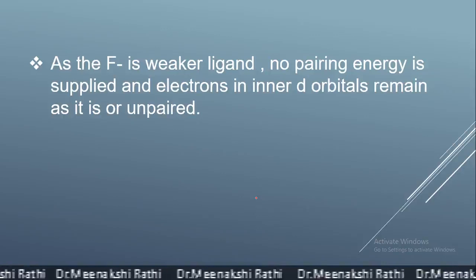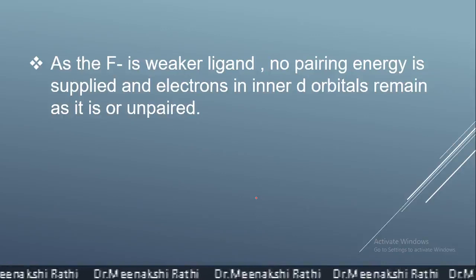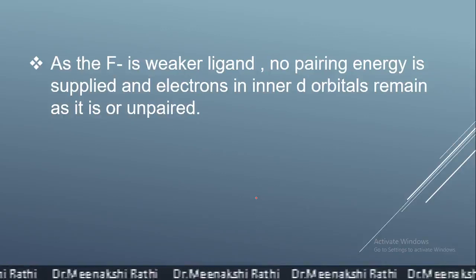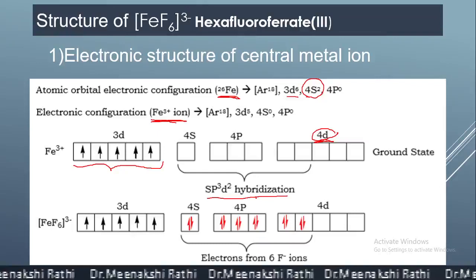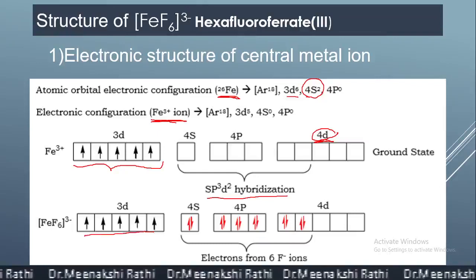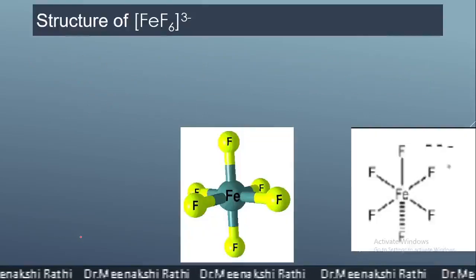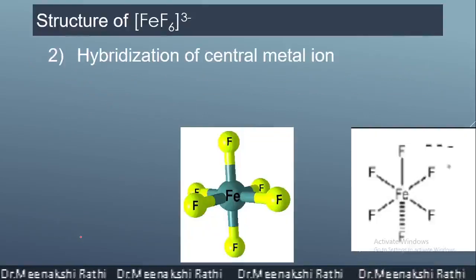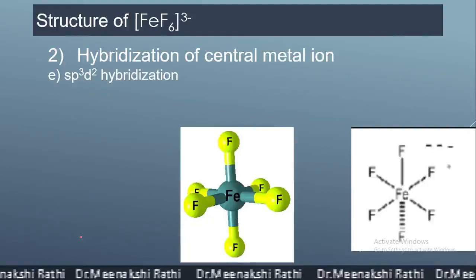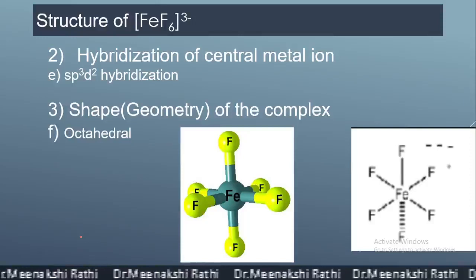As F- is a weaker ligand, no pairing energy is supplied, and electrons in the inner d orbitals remain unpaired. So the hybridization in FeF6 3- is sp3d2. The shape of the complex is octahedral.